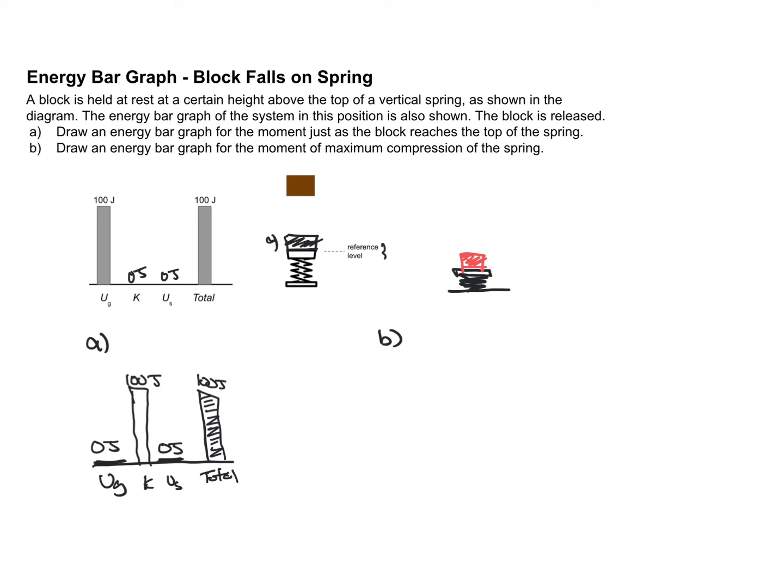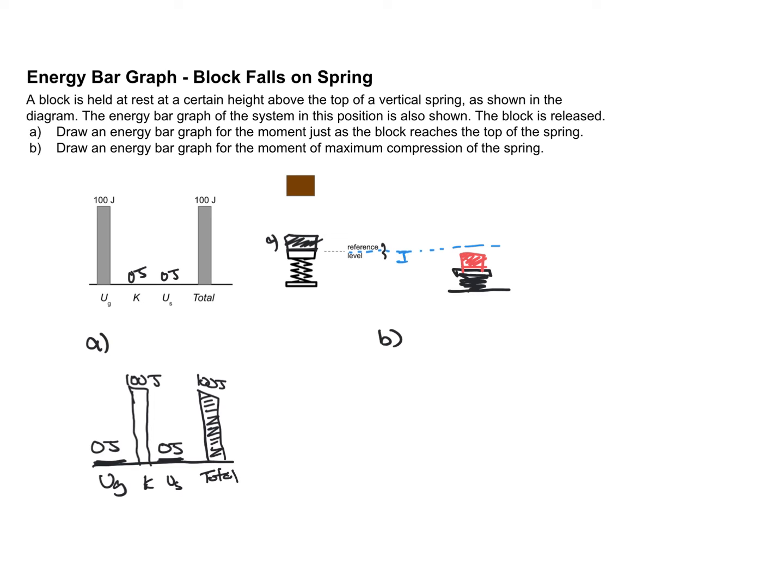The block has now squished the spring a bit. I extend the reference level. The block is now a little bit below the reference level. Not by much, but a little bit below the reference level, and the spring has been squished a little bit.